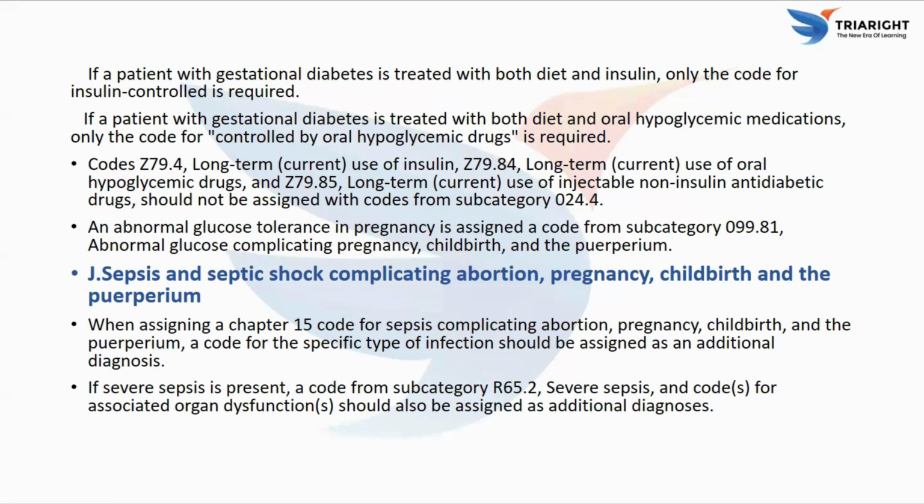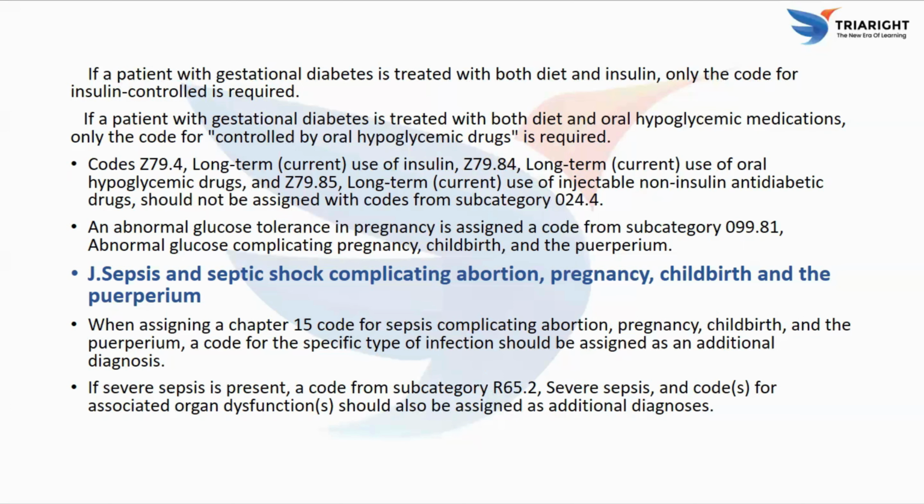So what are the important notes about the additional codes like the Z79 category? These Z codes describe long-term use of diabetes medications. You should not use Z79.4 or Z79.84 or Z79.85 with gestational diabetes codes. Why? What is the reason? Because O24.4 codes already tell us how the gestational diabetes is being controlled, by diet, insulin or oral drugs.